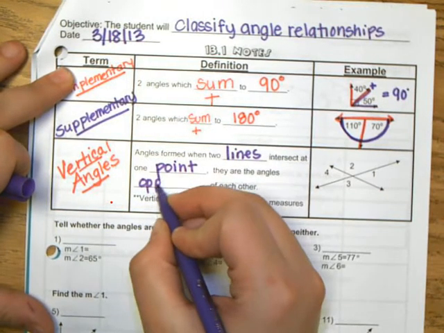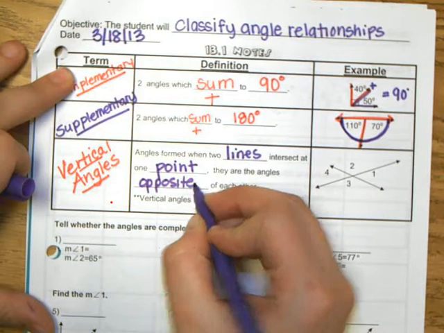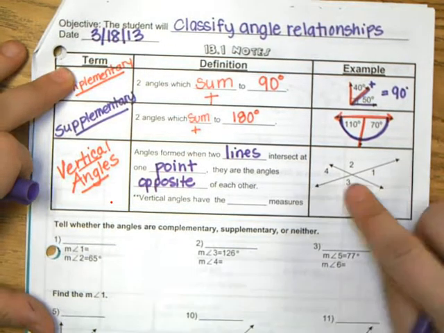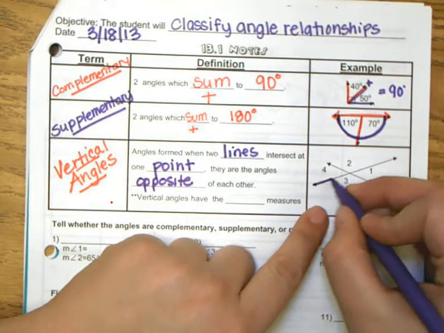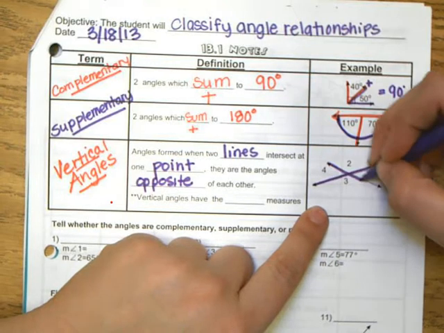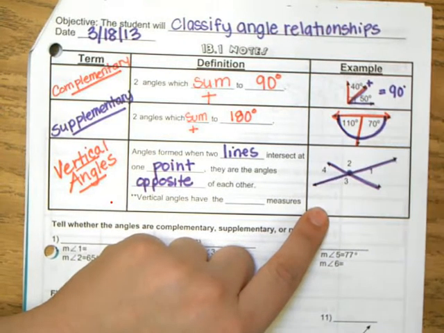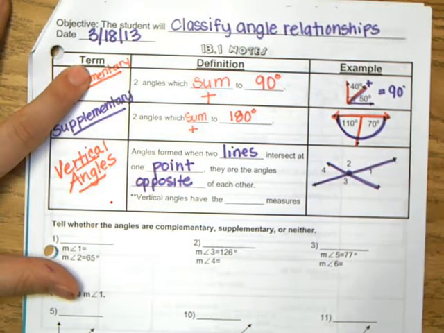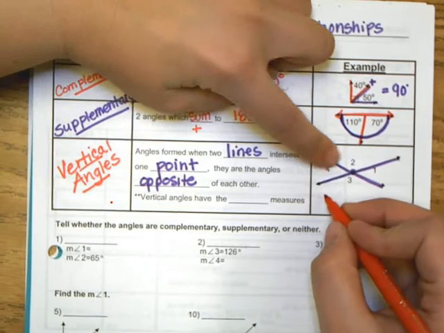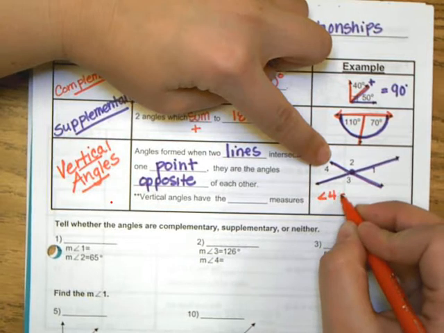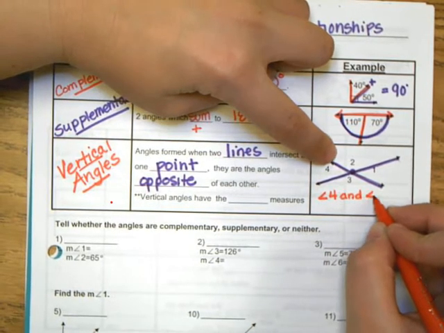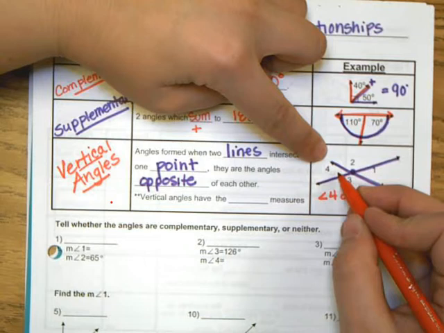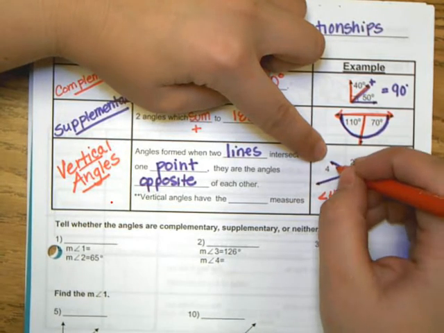They are the angles opposite of each other. So if we look here, two lines cross and meet at a point. The ones that are opposite of each other are vertical angles. So for example, angle 4 and angle 1 are vertical angles.